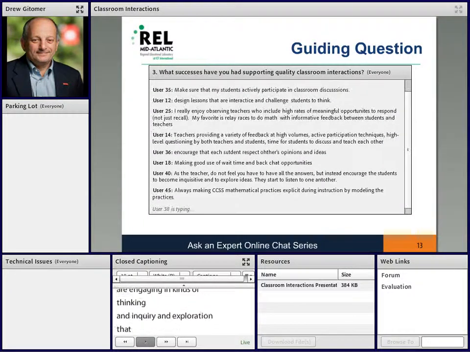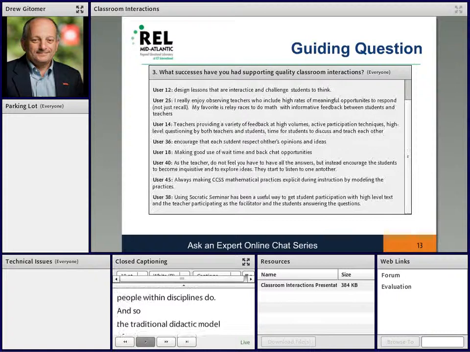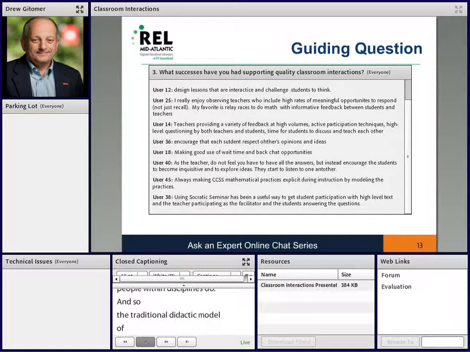And so the traditional didactic model of just accruing concepts and skills is not allowing kids to develop those practices. And so these become valued outcomes that we're trying to cultivate and pay attention to. So yeah, I think Rebecca's right on point there.